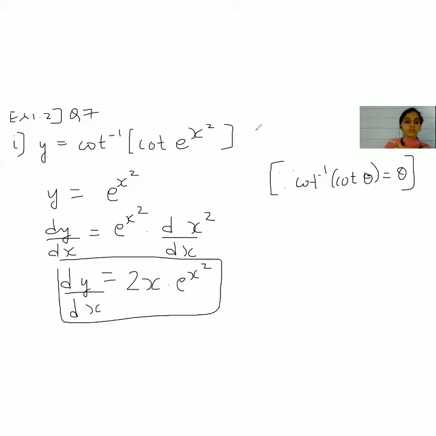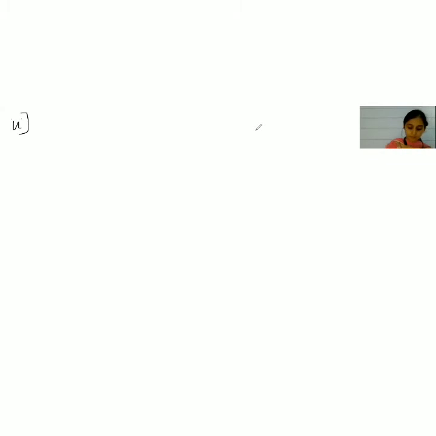Okay, let's move to the second one. It is y equal to cosec inverse of bracket 1 upon cos of 5 raised to x. Now what is 1 upon cos equal to? It is sec.